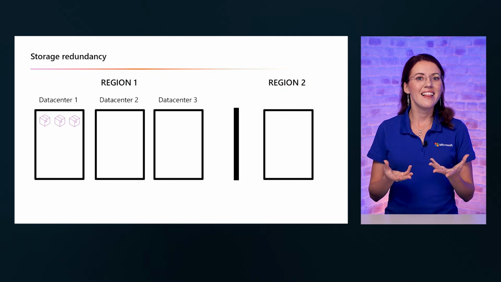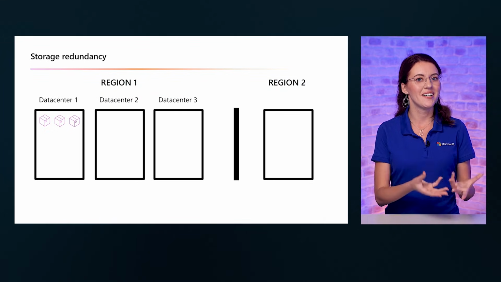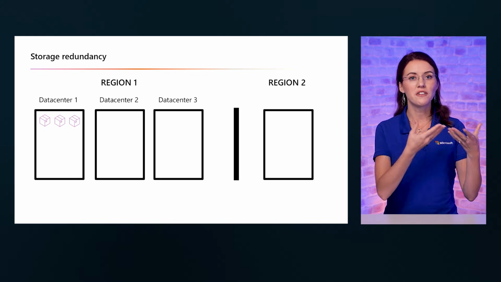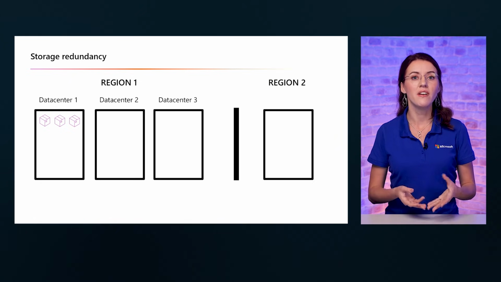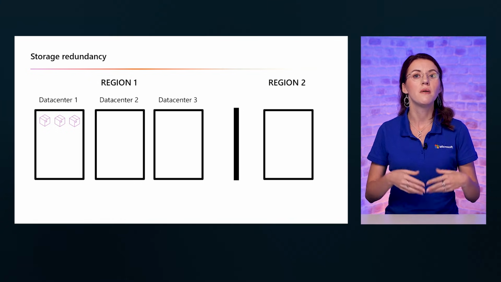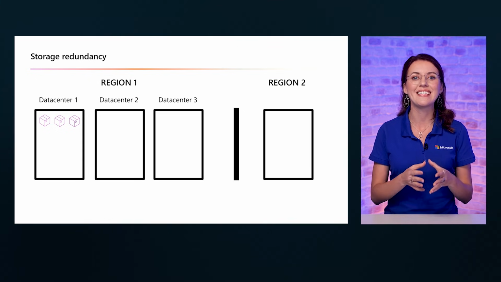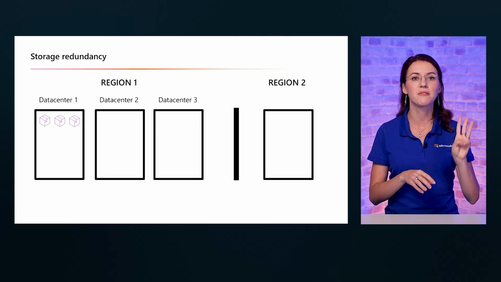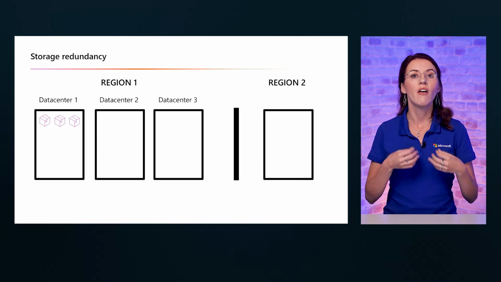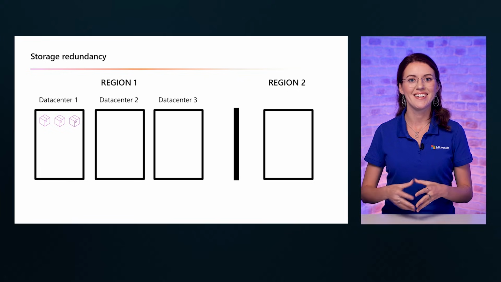Now, let's visually compare our redundancy options. For regions supporting availability zones, locally redundant storage performs synchronous data replication across 3 Azure availability zones within the primary region.